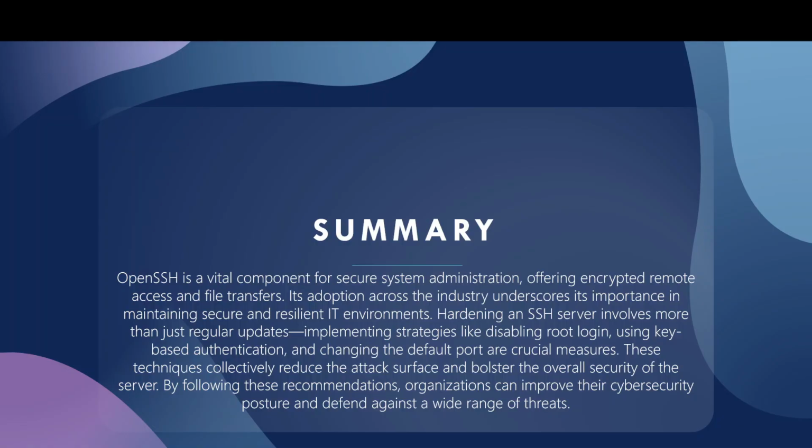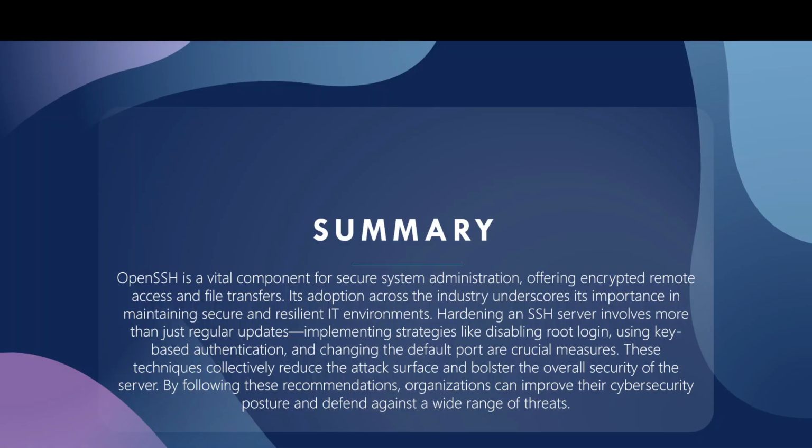And as the summary here, openSSH is a vital component for secure system administration, offering encrypted remote access and file transfers. Its adoption across the industry underscores its importance in maintaining secure and resilient IT environments. Hardening an SSH server involves more than just regular updates.